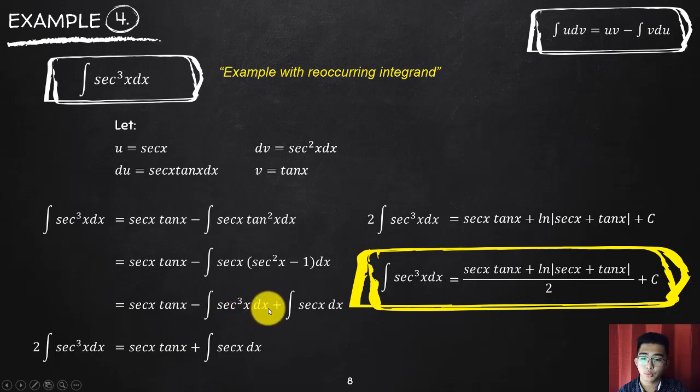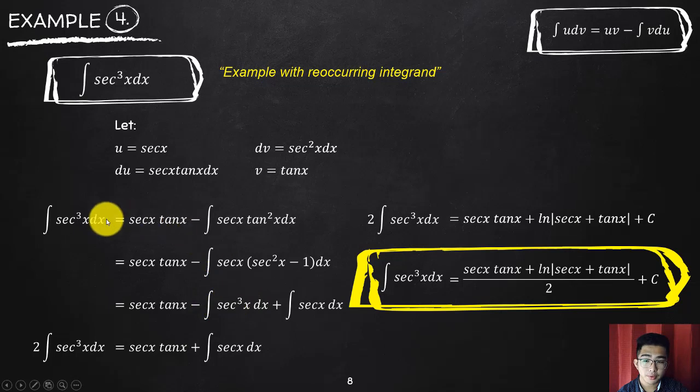So this is what we mean by the recurring integrand. This is the original integral that we have, the problem. So here, integral of secant cubed x dx plus, secant x times 1, that's secant x dx. On the left side of the equation, we have integral of secant cubed x dx, and on the right side we have a negative integral of secant cubed x dx.